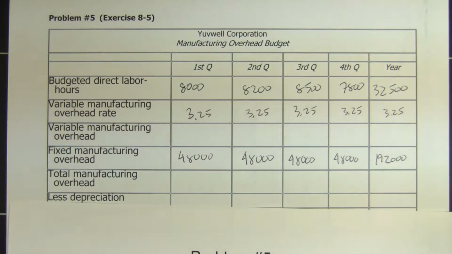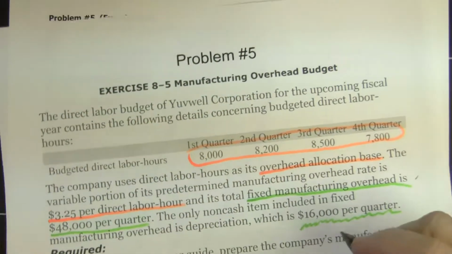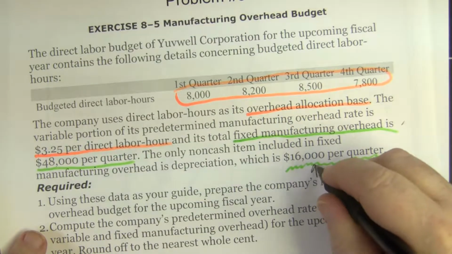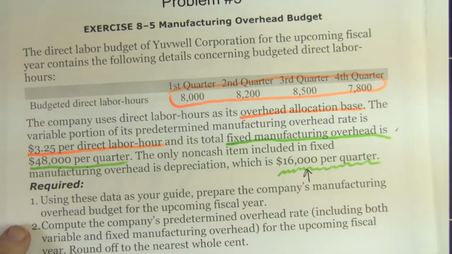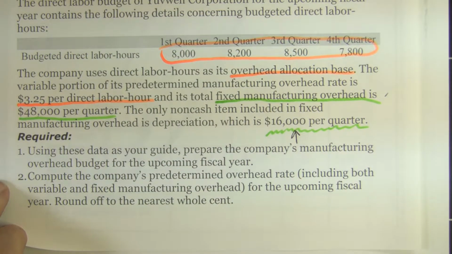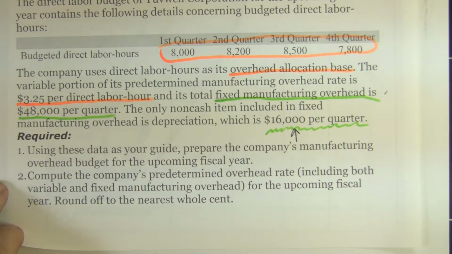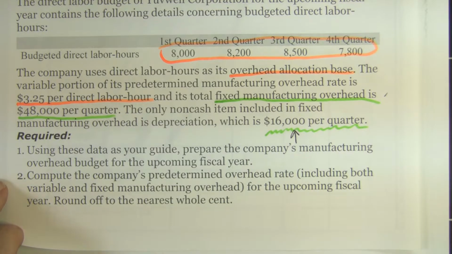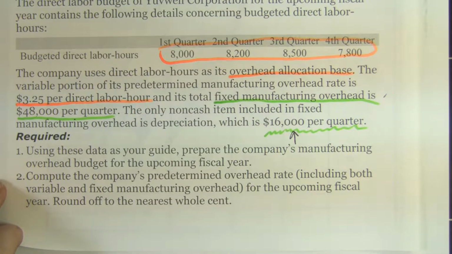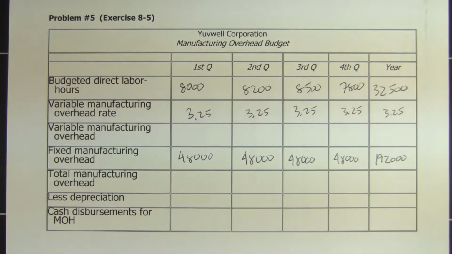Okay, well, the total manufacturing overhead I don't know yet, but oh, depreciation, great, they gave me that, 16 grand per quarter. You don't pay cash for depreciation. Nobody comes knocking at your door and saying, depreciation collector, send out your cash. And if you do think there is such a person, good news, kids, I just got elected depreciation collector. Send me your checks or large boxes of unmarked bills. 16,000 per quarter.